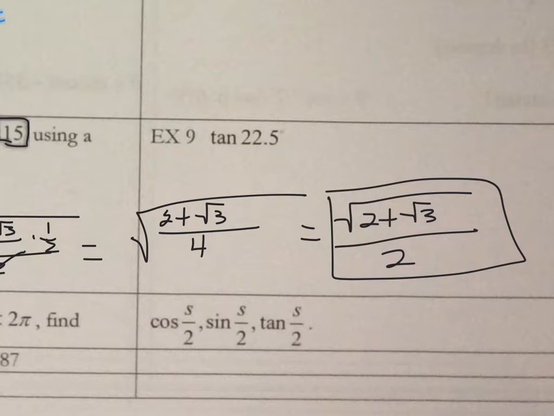So there you go. There's the exact value of cosine of 15 degrees. The square root of 2 plus the square root of 3 all over 2. So there's your half angle with cosine.